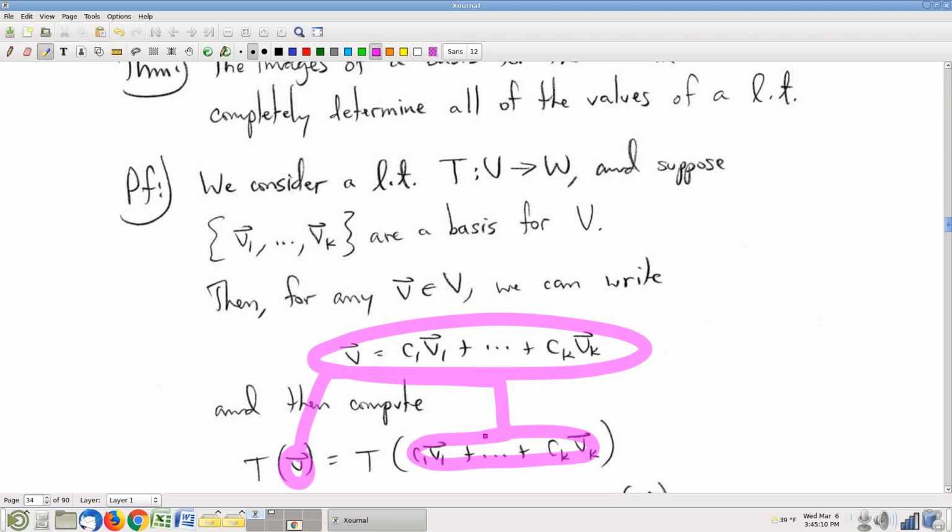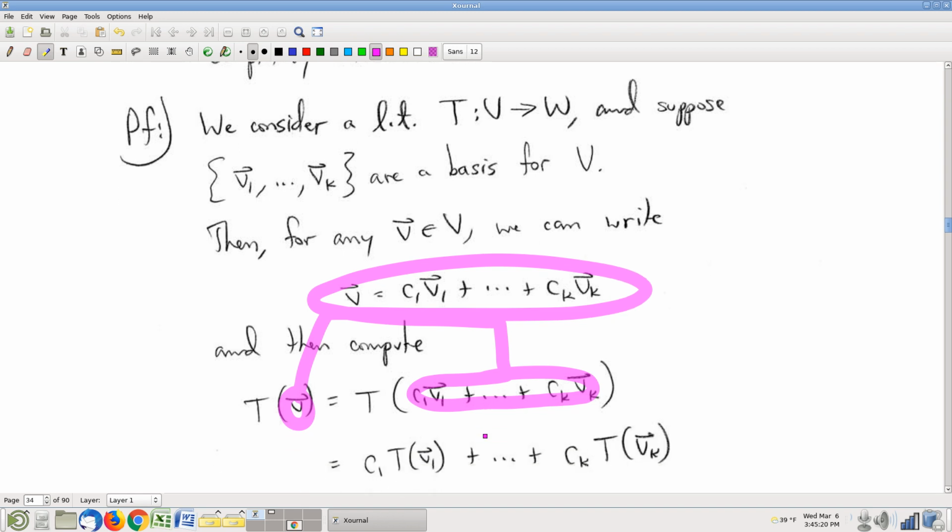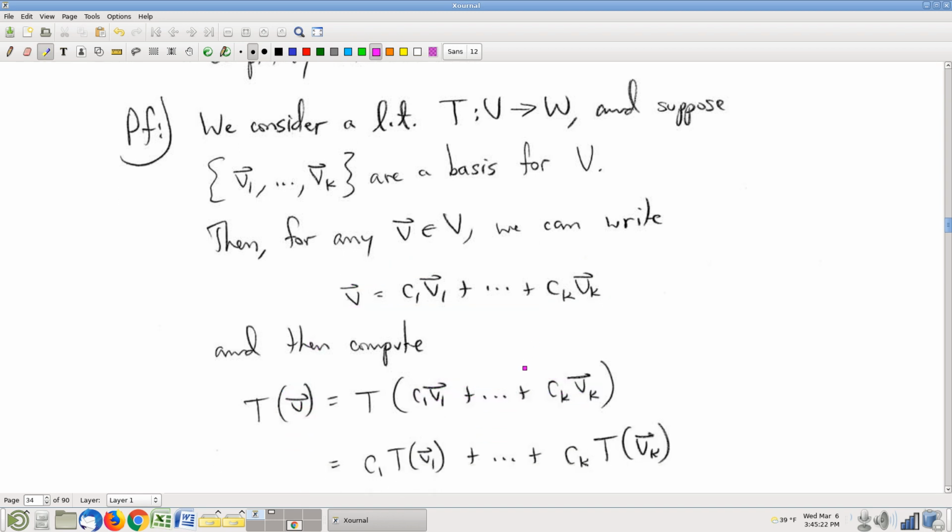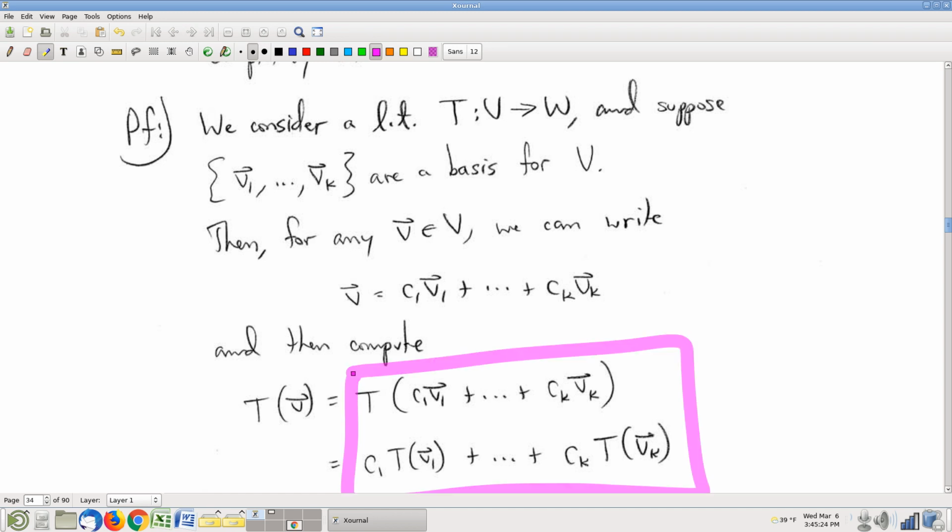For any vector V, it's just a matter of playing some linear combination games to figure out what these coordinates are. Say the magic word: linearity. Linearity of T allows us to take this linear combination on the inside and move that to a linear combination on the outside. And now I just declare victory.